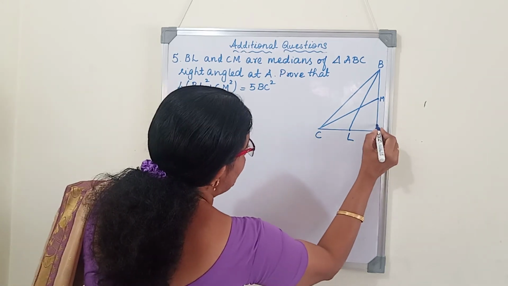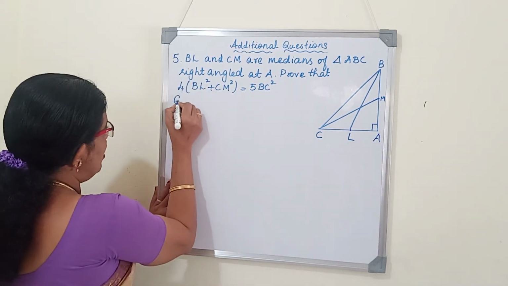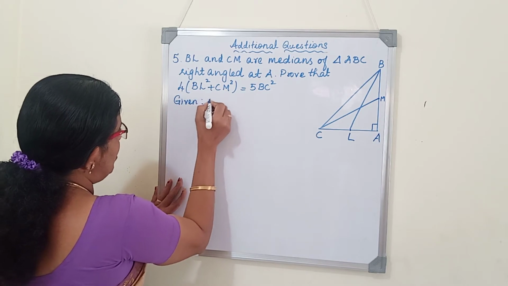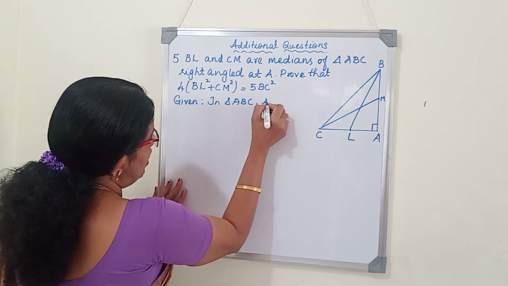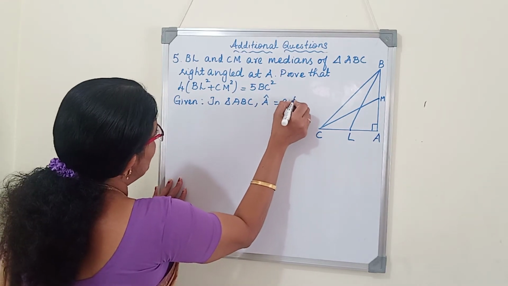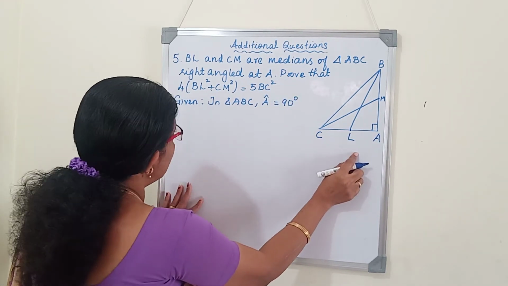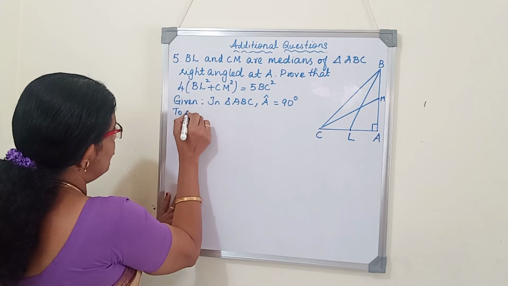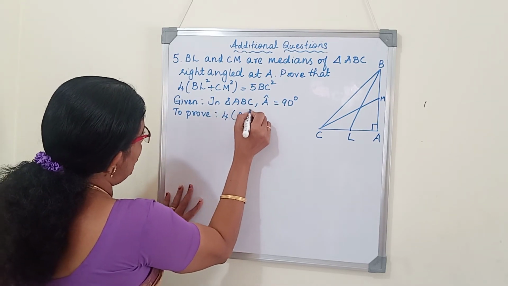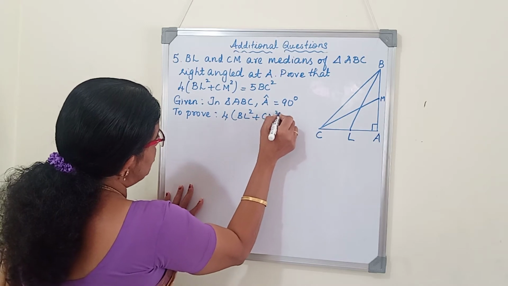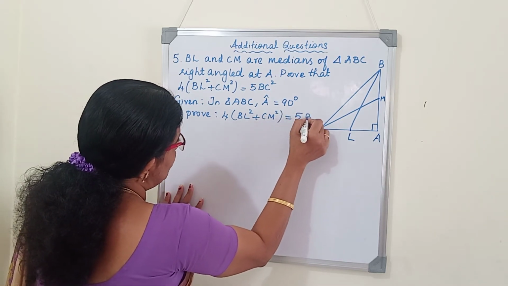Here angle A is 90 degrees. Given: in triangle ABC, angle A equals 90 degrees, and BL and CM are the medians of this triangle. To prove: 4 into BL square plus CM square is equal to 5 BC square.